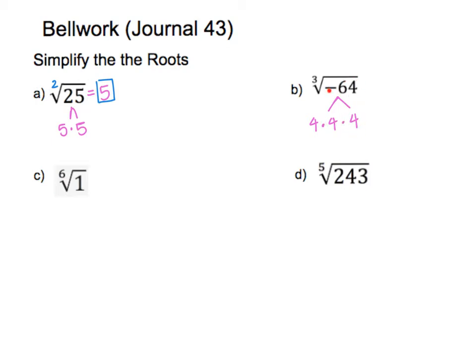But because this is a negative, I have to have negatives for every number. So negative 4 times negative 4 gives me positive 16, and 16 times negative 4 gives me negative 64. So the cube root of negative 64 is negative 4.